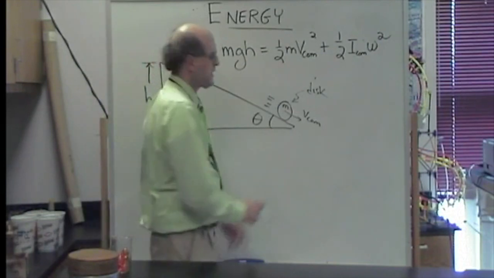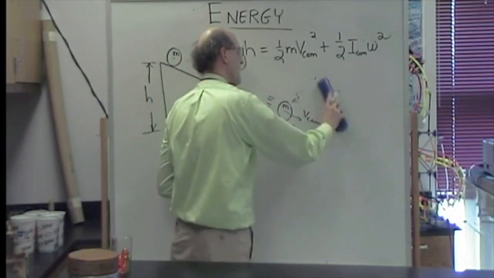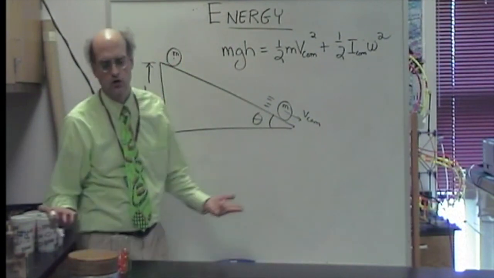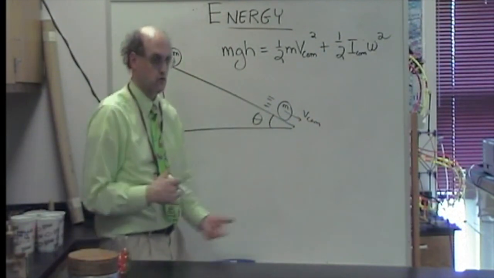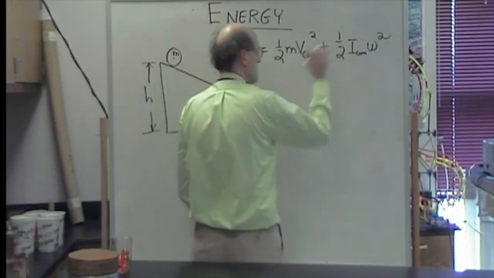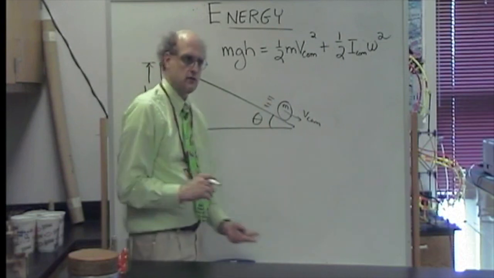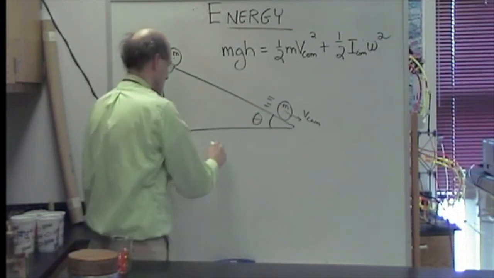Actually, why don't we just not specify what the object is? It could be a solid sphere, it could be a hoop, or a disk, or something else that's rolling down the hill. So I'll just leave it as ICOM. And I want to solve this for VCOM to see what the speed is at the bottom of the hill.